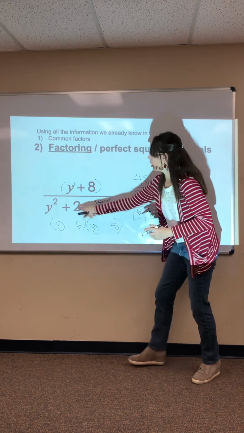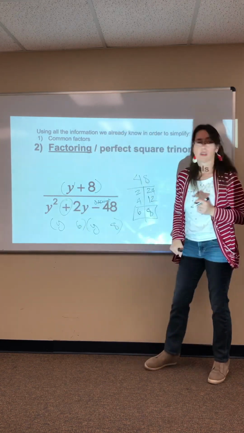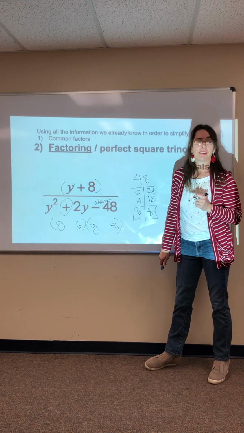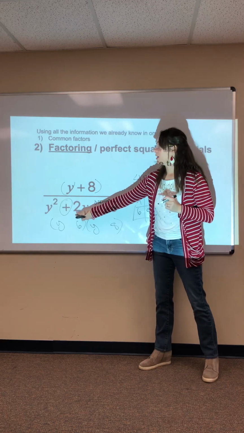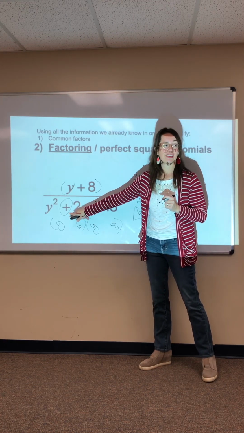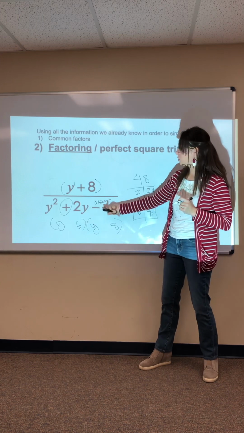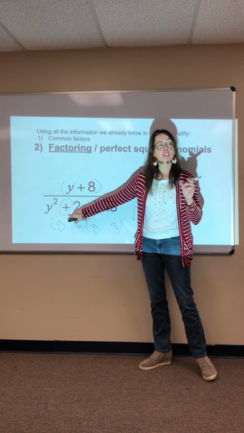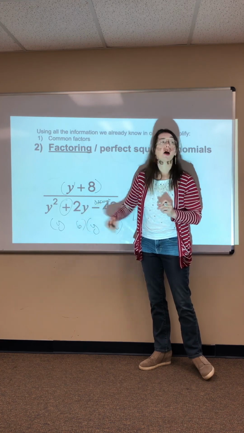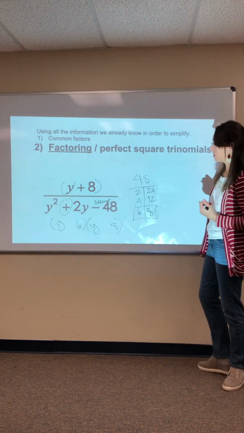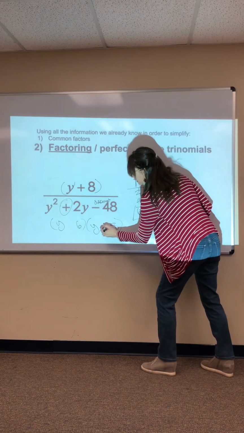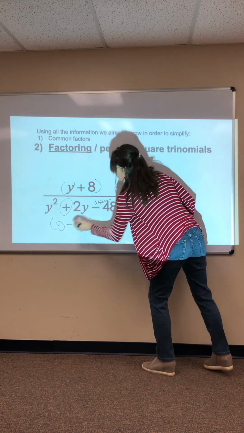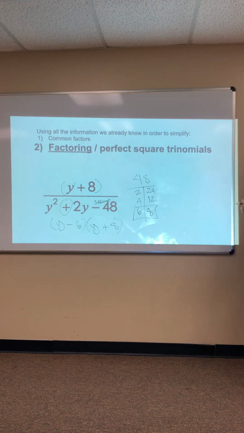And our middle sign tells us that the largest number is positive. The biggest number. So the signs are different. Which one is our bigger number? 8. So the 8 gets the positive and the 6 gets a negative. Perfect. All right.